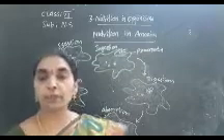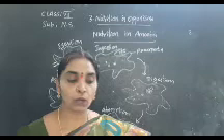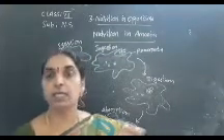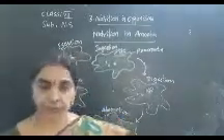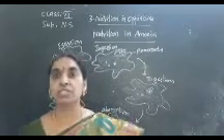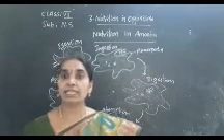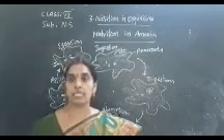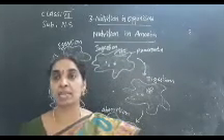You can see page number 44 and draw the picture carefully. Okay, next, how will you appreciate the role of saprophytes in cleaning the earth's surface? You know very well, saprophytes are heterotrophic organisms which depend on other organisms for their food. They depend on dead and decayed organic matter for their food and decompose the material and clean up the earth's surface, and hence we call them natural scavengers.